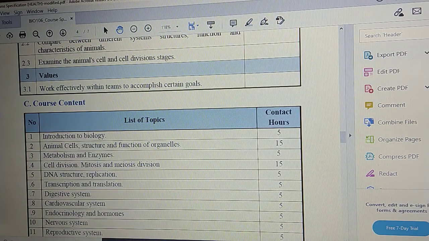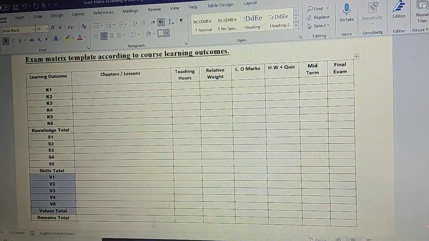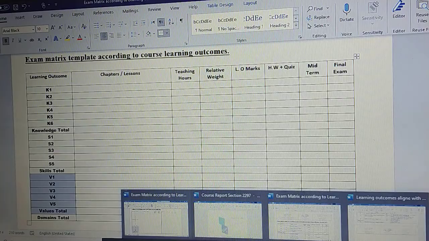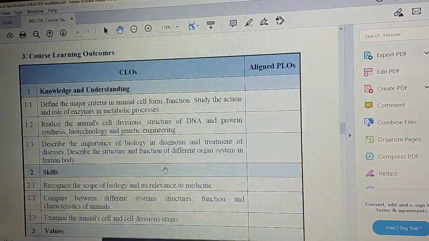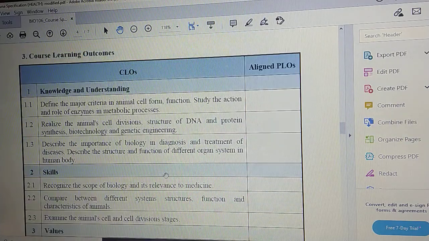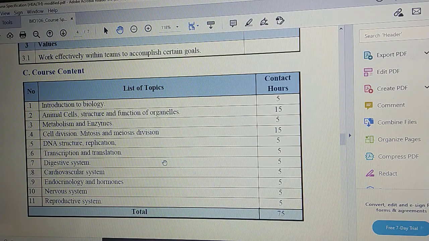Okay, first thing, in filling the exam matrix, I have to find the relation between chapters of the course and the learning outcomes. So I can make this from the course specification. Find the relation between the course learning outcomes and the chapters of the course or list of topics.